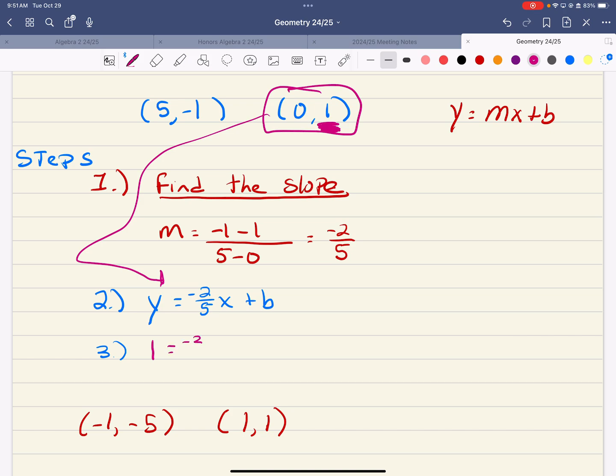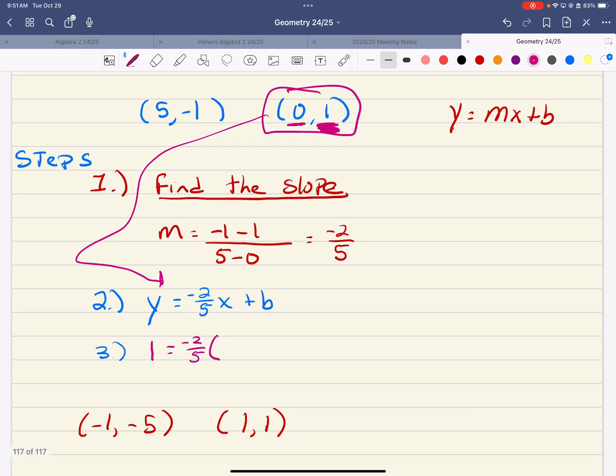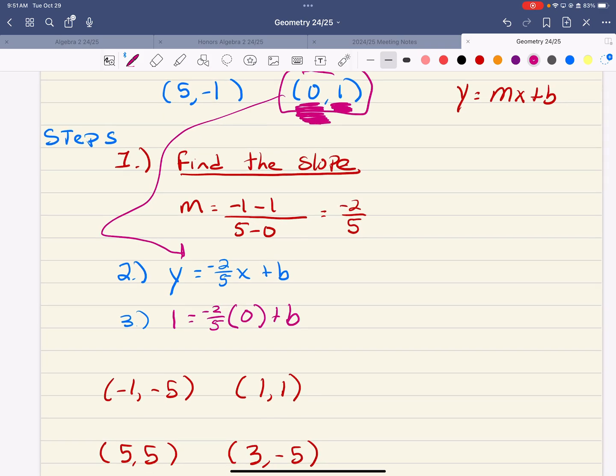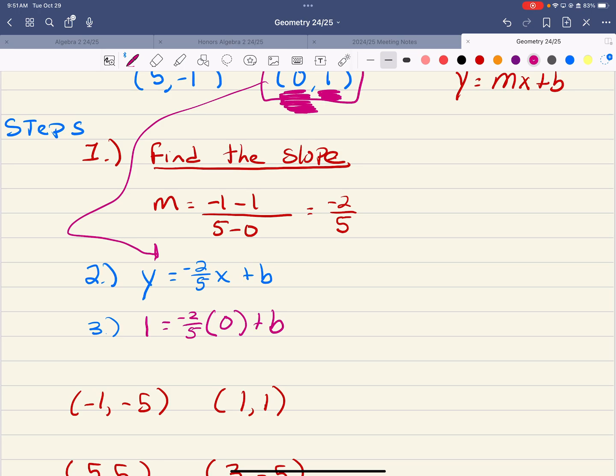Equals -2/5 times my x value, which is right there, which is 0, plus b. So I substituted the point in there into my x and my y values. Now I'm going to solve that for b.